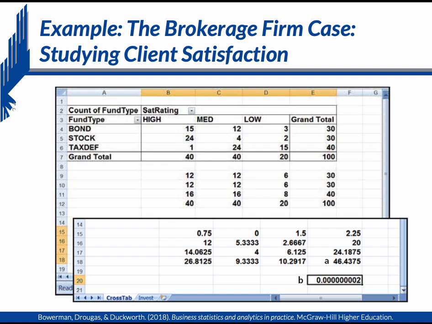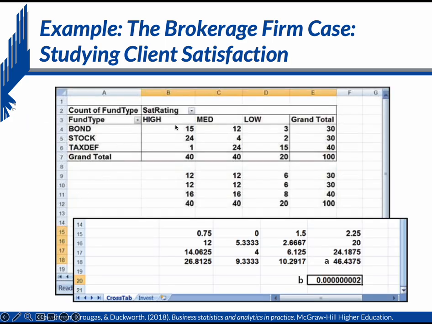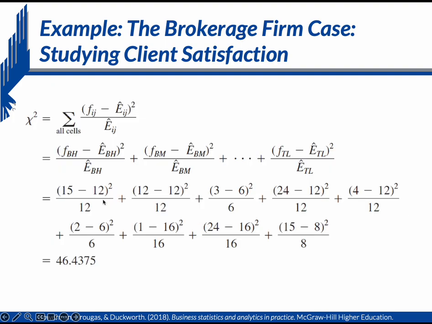Now, to compute the test statistic, we will use this formula that was shown earlier. Again, we compute this for every intersection. For the first intersection, bond and high, that's 15 minus 12, and the difference between the two is squared, then divided by the expected frequency of 12. And that's what we are seeing here.